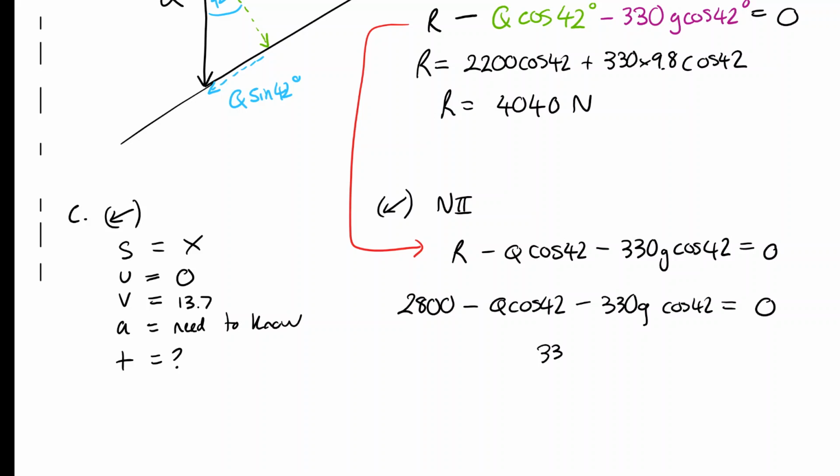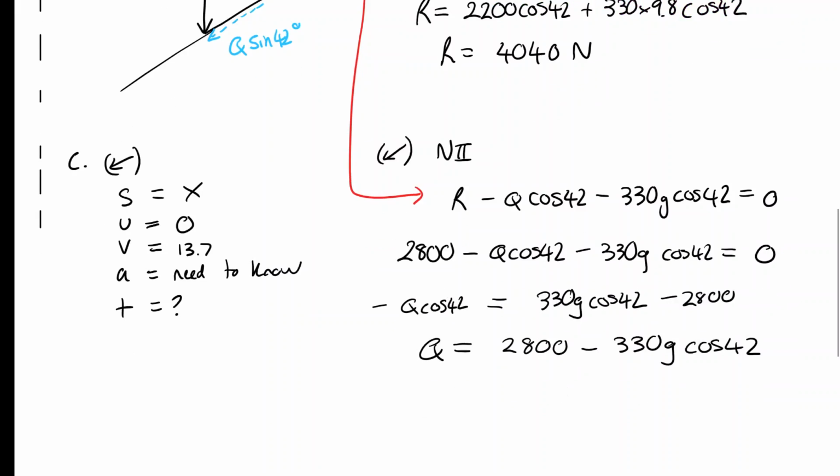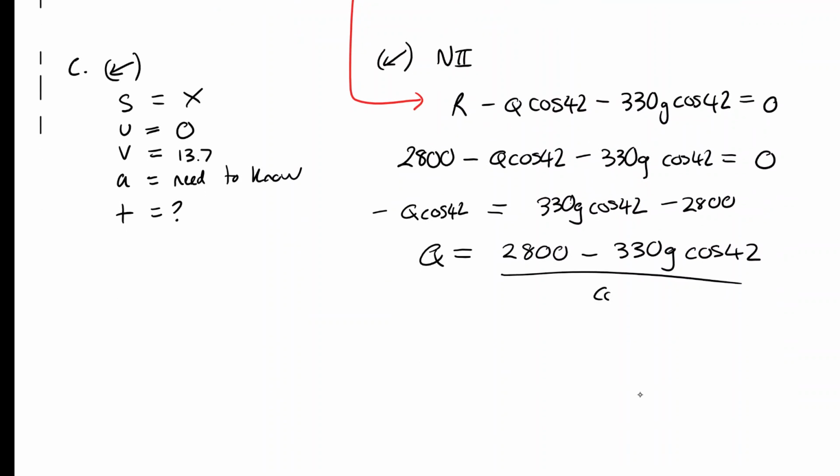So I'd have 330 G cos 42 minus 2,800 is equal to minus Q cos 42, or more usefully, Q is 2,800 minus 330 G cos 42 all over cos 42. So we'll know Q in this case.